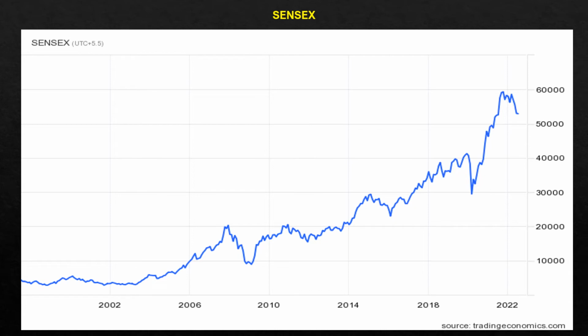So this is a chart we should always look at from a long-term perspective, and the steps that our country is taking are very good from a long-term perspective: the Atmanirbhar Bharat, the emphasis on domestic manufacturing and exports, the PLI scheme, the fiscal discipline, buoyancy in the tax collection, the steps being taken for controlling inflation, the way the RBI and the central government are working in tandem to ensure that growth happens in a difficult environment.